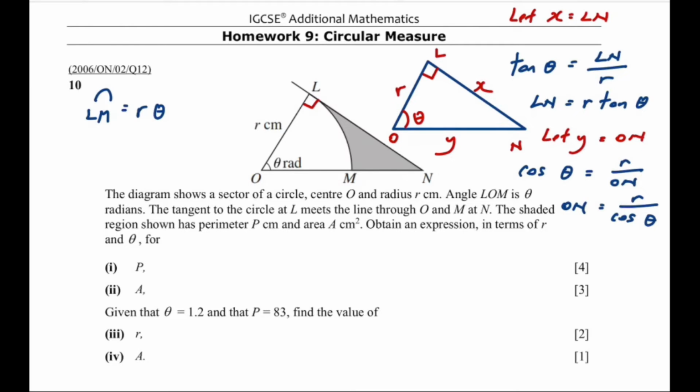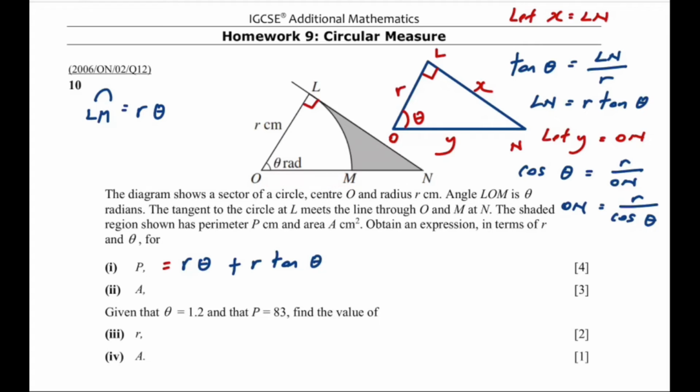So now we have everything. If I want to find the perimeter in expression, this one, r theta, plus LN, r tan theta. The last one, MN, will be the same as ON minus this part.